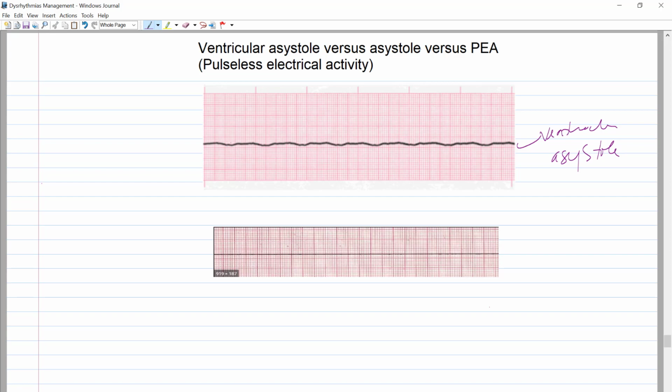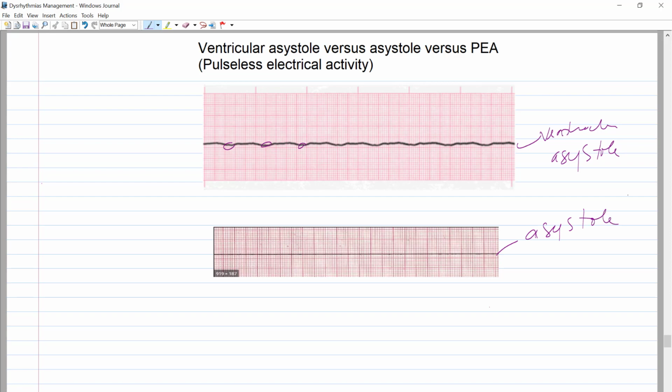It means that you can see very small, very minimum P waves. It means the atria is still there, but the pumping action of the atria is not enough to deliver or make sure that the circulation and perfusion are enough for the body. Well, this one is asystole, so completely the atria and the ventricles stop working.